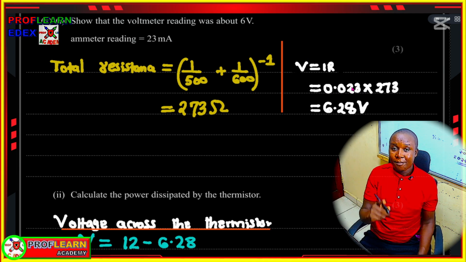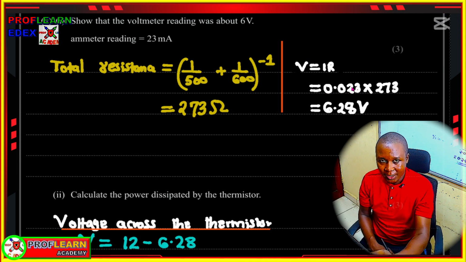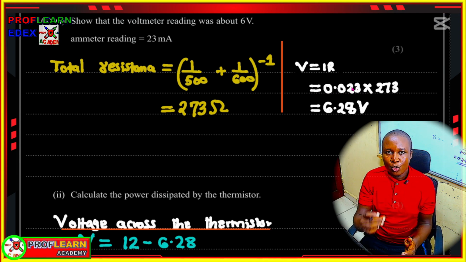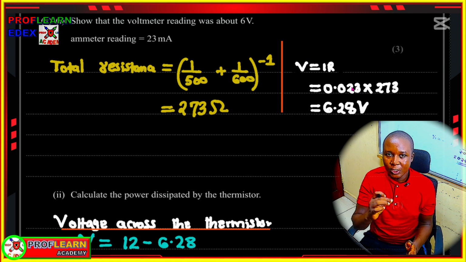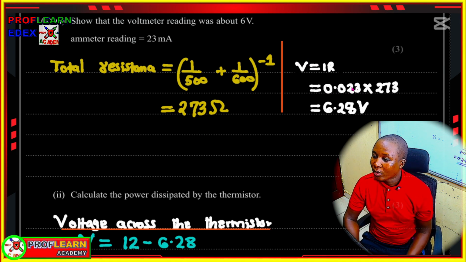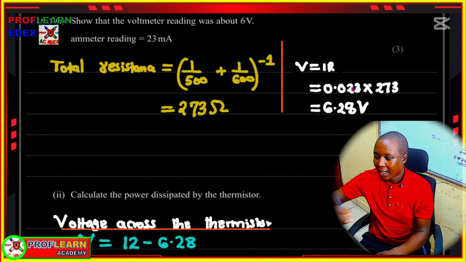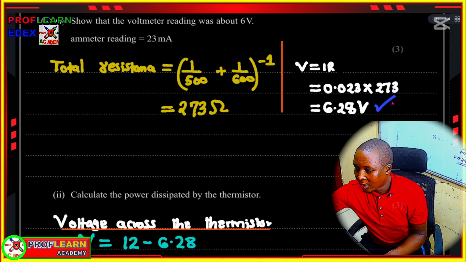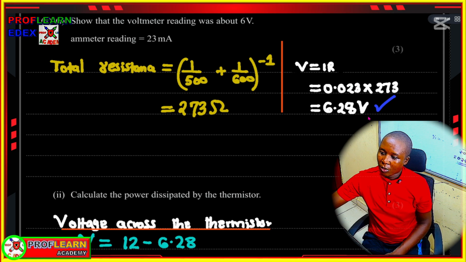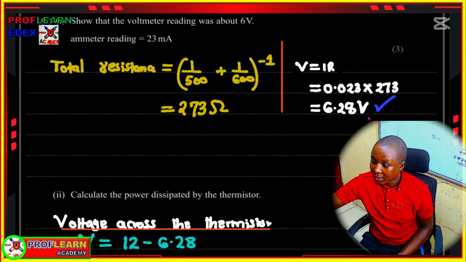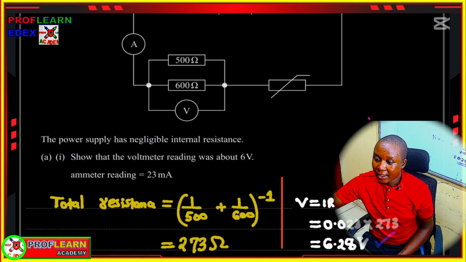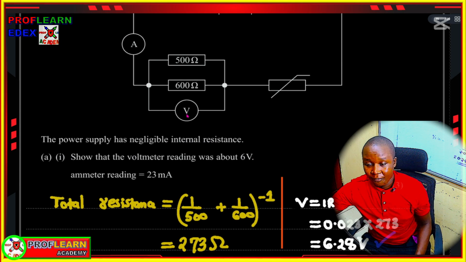Don't forget that current was given in milliamperes, so you multiply by 10 raised to the power negative 3, and that gives us 0.023. Then multiply by the resistance, and the voltage is going to be 6.28, and that is the reading of this voltmeter at this point.